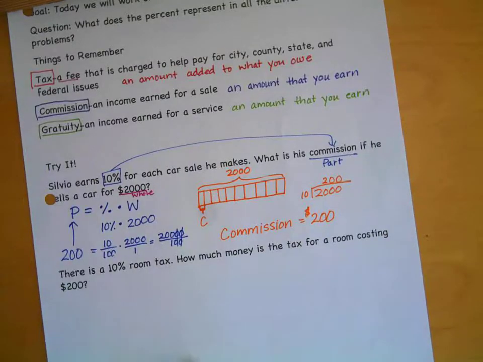All right. There is a 10% room tax. How much money is the tax for a room costing $200? Okay, so this time what we are trying to do is figure out what the cost would be for the tax.